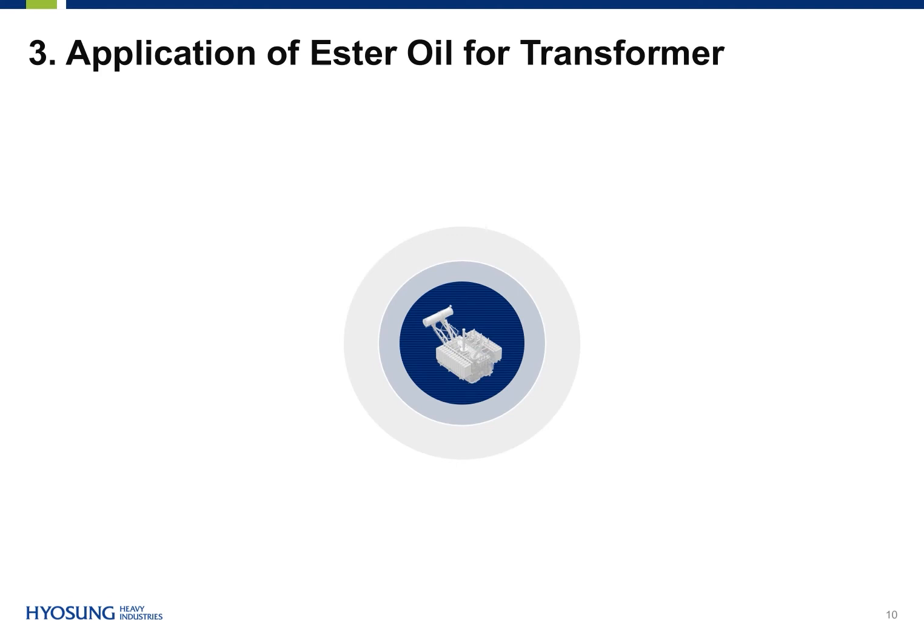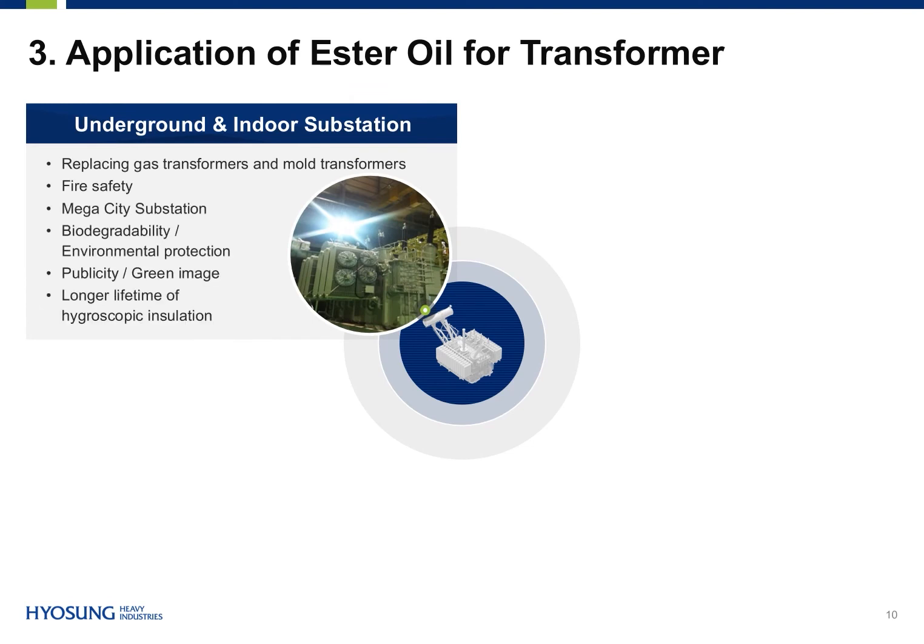Ester oil has general benefits for the typical substation, but there are various applications where ester oil is highly recommended or even required. First, ester oil transformers may be required for underground or indoor substations. Previously, SF6 gas-insulated transformers needed specialized OLTC. However, with ester oil, there are no special OLTC requirements, and typical OLTC models can be applied.